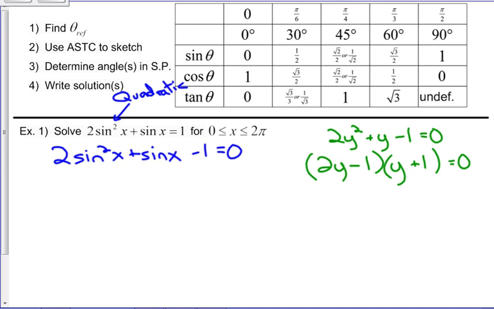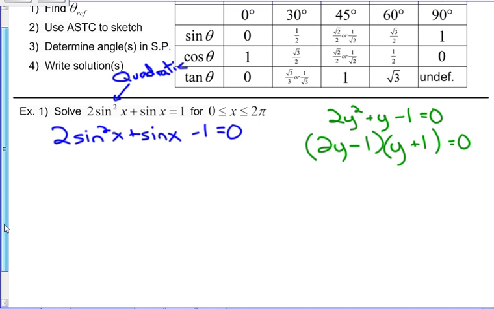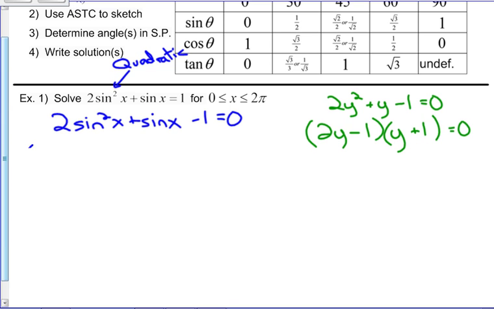Well, if that's true, then we should be able to factor our trig expression. Instead of y's, we just have sine x's. So the first has to turn into 2 sine squared, so we'd have 2 sine x times sine x. And we're going to need our last terms to multiply to negative 1. One of these is going to have to be positive, the other one negative. If we botch which is which, we can always just try it again.